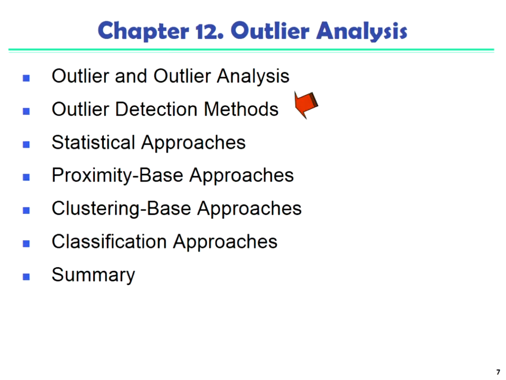Let's move now to methods. We discussed 6 methods to detect an outlier. Let's begin with the first type, supervised methods. How can we use supervised methods to detect an outlier?